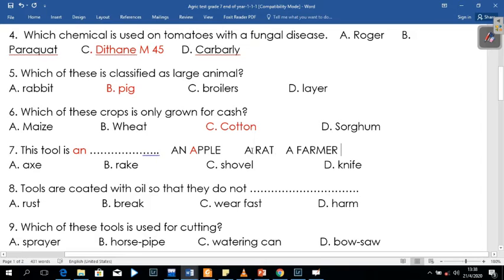So this is the difference. After A, the word has to start with a consonant. Yeah, this is a consonant, right? You see, we have R, we have F. Unlike here, the word has to start with either A, E. If you choose to use N, the word must start with A, E, O, U, something like that. These are vowels. That's when you use N.